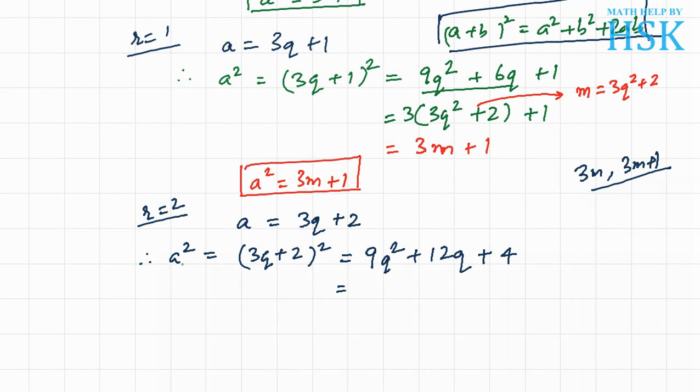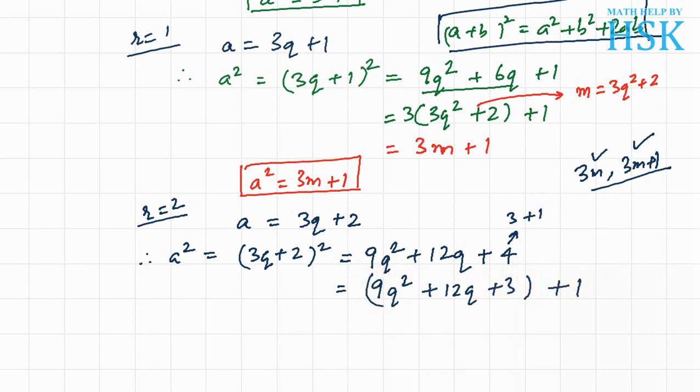I'm going to try to write a square in the form of 3m or 3m plus 1. So first of all I'm going to break 4 into 3 plus 1. So I'm going to get 9q square plus 12q plus 3, and plus 1.